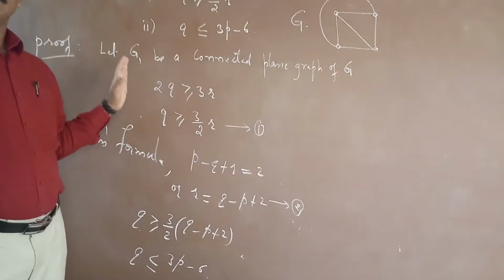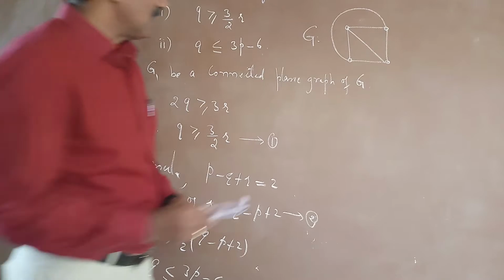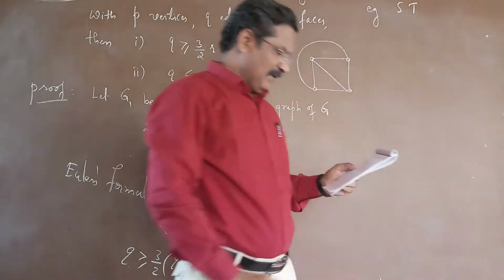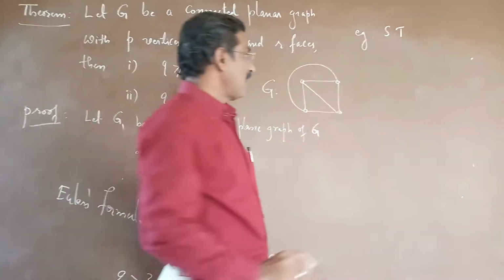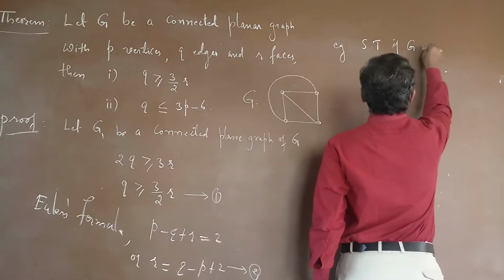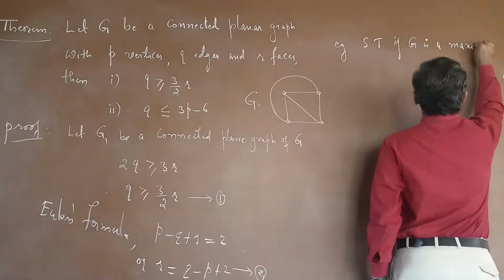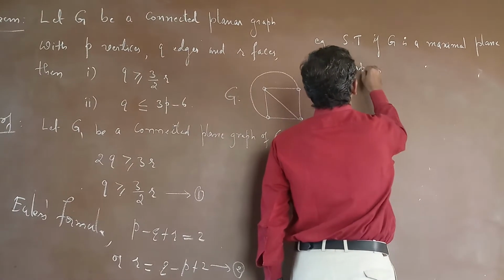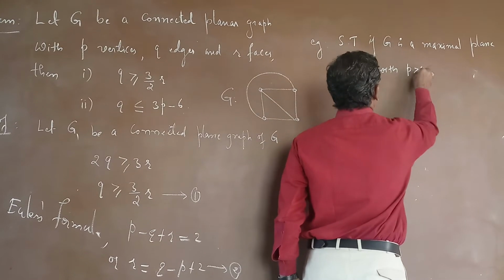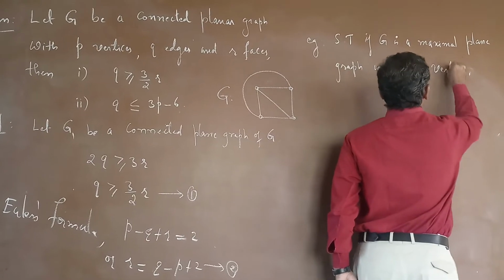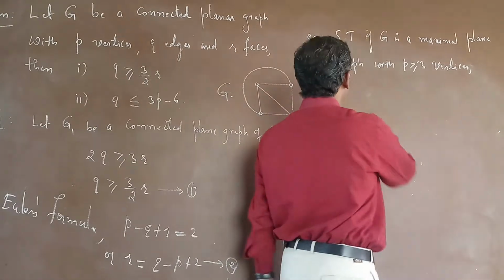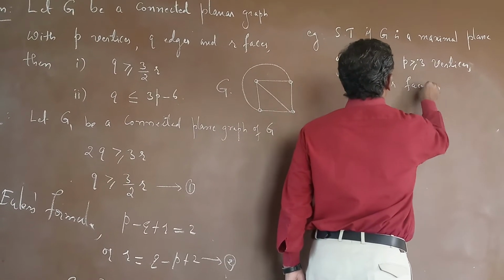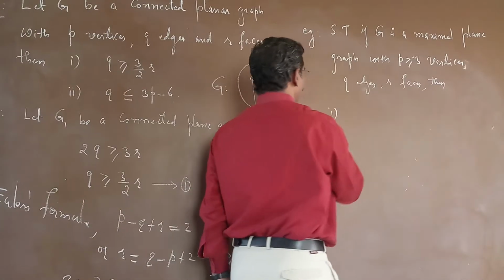Now, we consider one example for this. Show that if G is a maximal plane graph with P greater than or equal to 3 vertices, and which has Q edges and R faces, then we will prove two results.